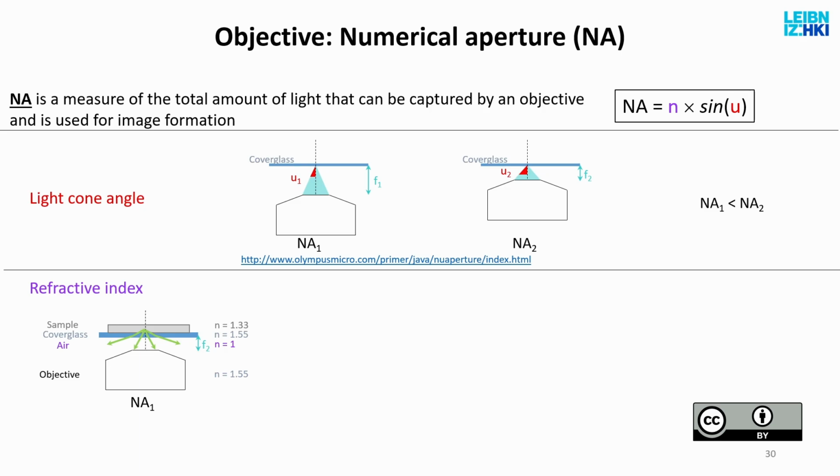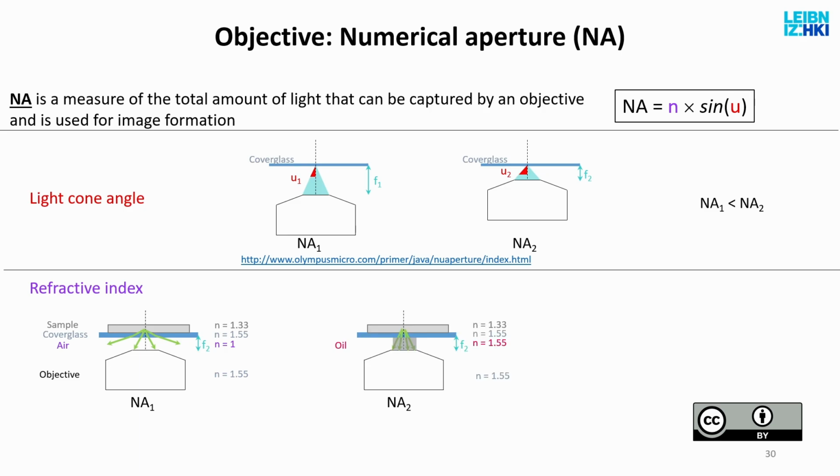So first of all, eventually you will have total internal reflection, so not all the light will exit the sample. But second of all, a lot of the beams from the sample will go at such a high angle that they will never reach the front of the lens. So I would like to collect these light beams and direct them into the objective lens.